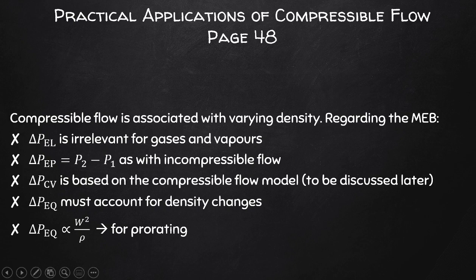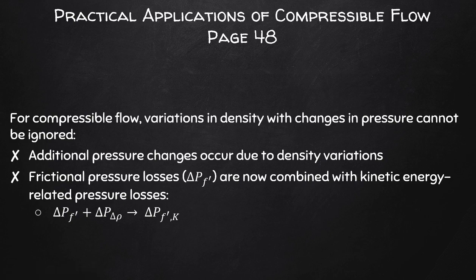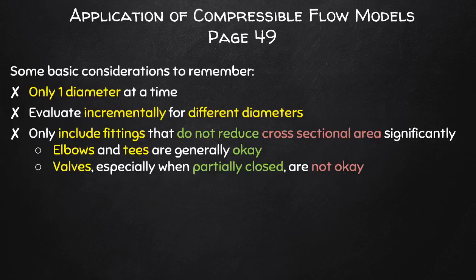Now, the most complex part of the calculations comes in the determination of the pressure drop caused due to friction as well as kinetic energy losses, which are functions of the change in density themselves. And this change in density simply cannot be ignored in the case of compressible flows, and so we must account for this.